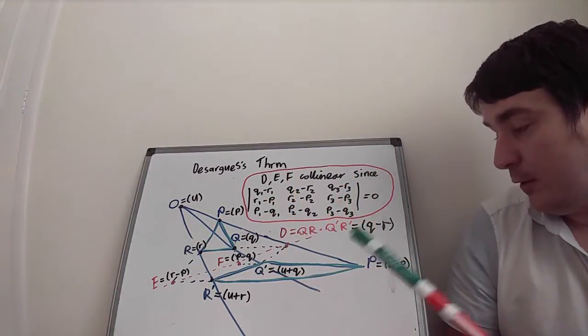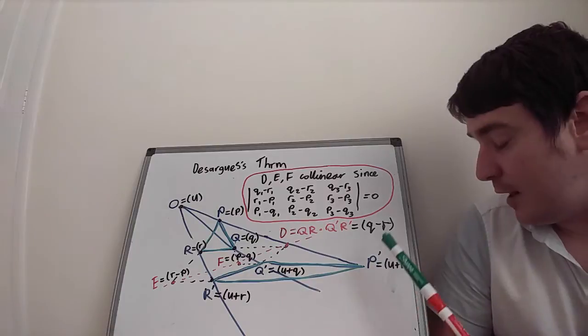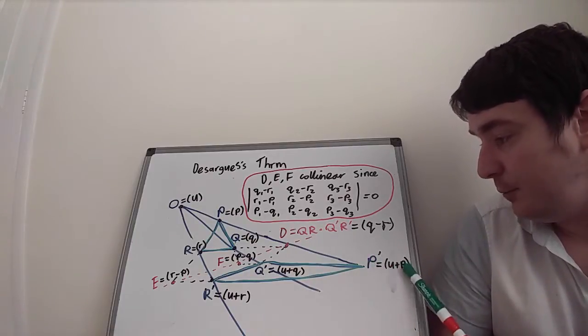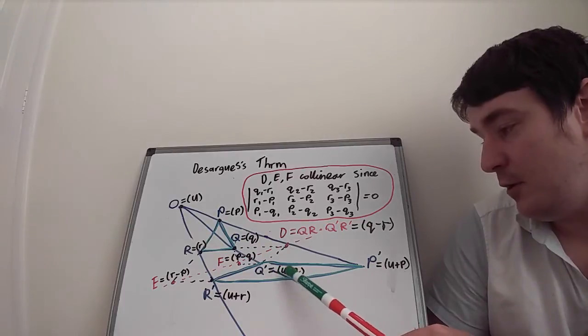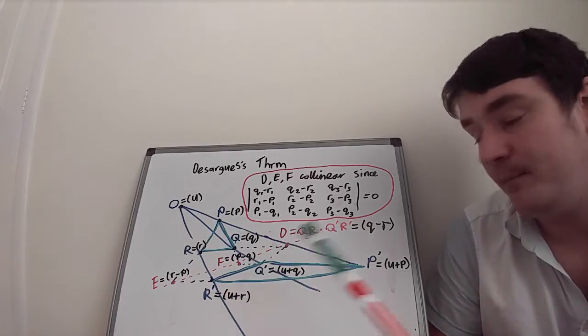So we can assume without loss of generality that P dash equals U plus P, Q dash equals U plus Q, and R dash equals U plus R.